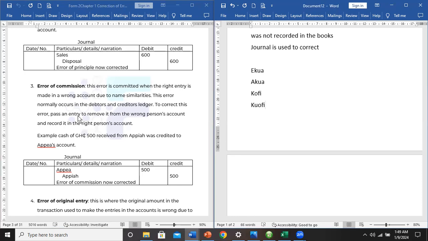As you see in this example, cash of 500 received from Appiah was credited to Appeah's account. So there's an error of commission when the entry is made in the wrong person's account due to name similarities.